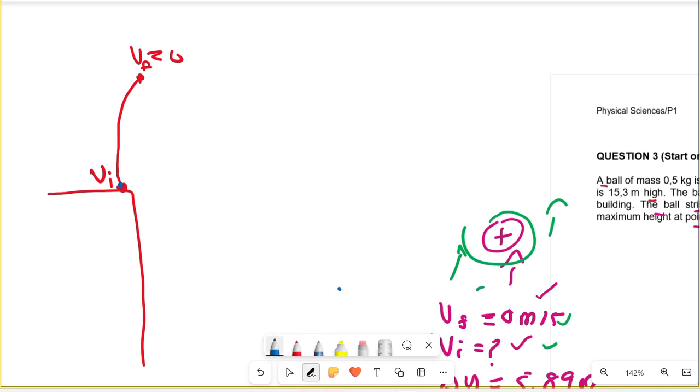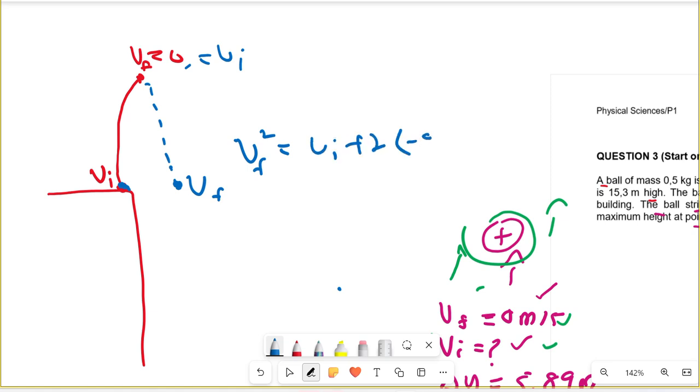So someone might have taken this as the initial and this as the final, with gravity minus 9.8 and displacement down minus 5.89. You see, with the understanding that the velocity at which the ball leaves the spot is the same velocity the ball passes the same spot with going down.